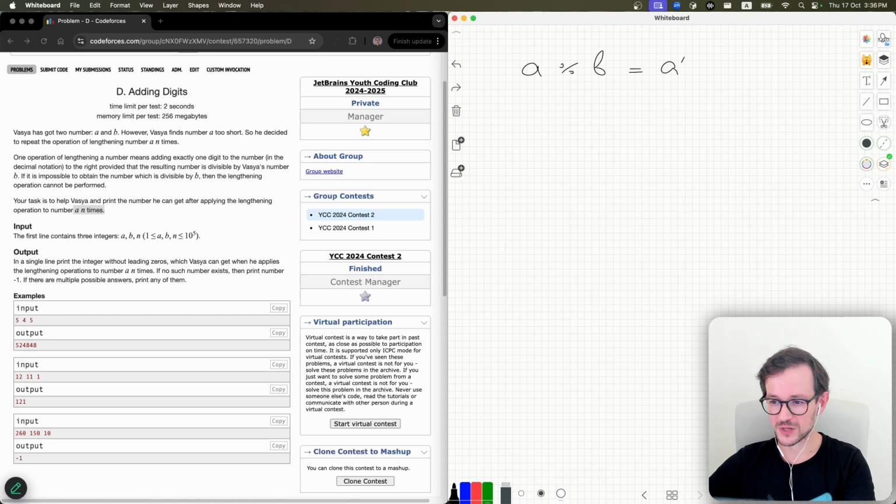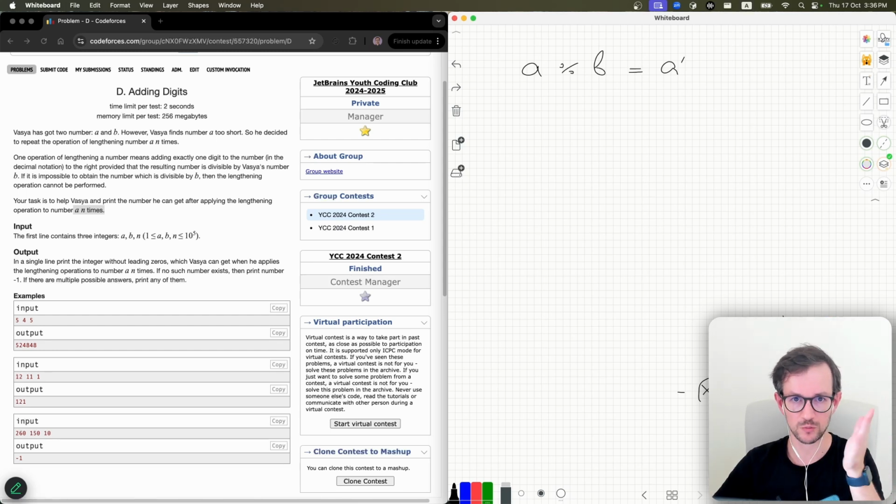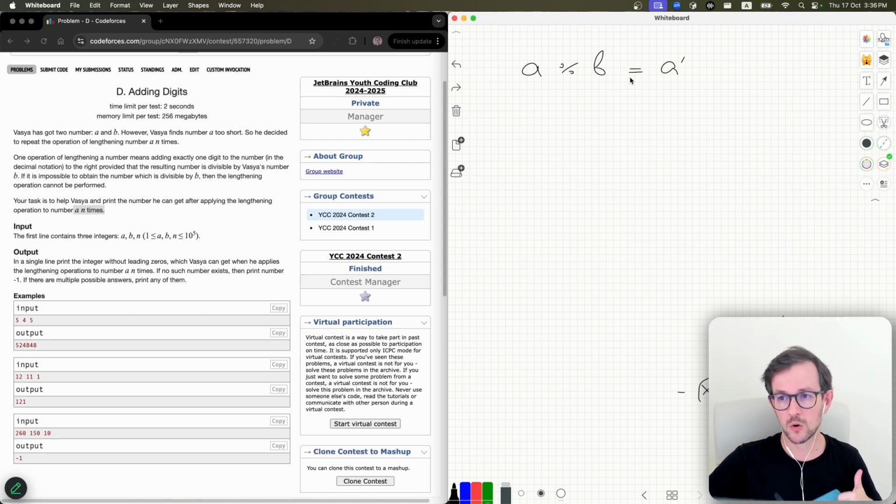So if you have x plus y modulo m, you can first take x modulo m, then y modulo m. So you can apply this modulo everywhere, just apply it here, then calculate the sum, then calculate modulo m. So you only work with small numbers up to m. We do the same here. We only care about the current remainder modulo B.